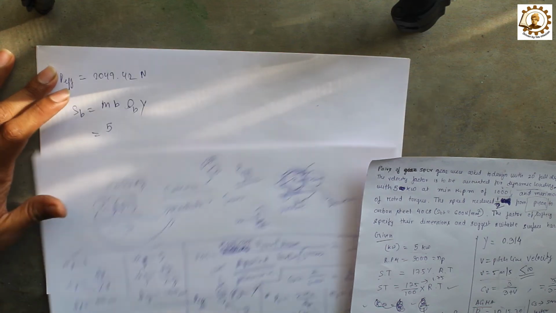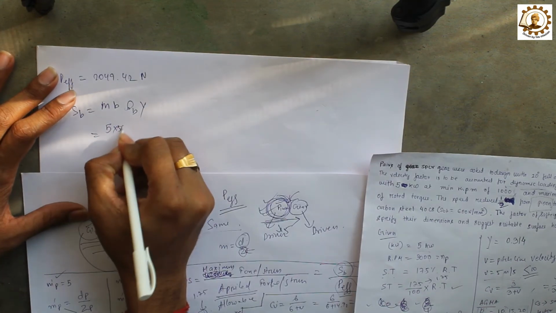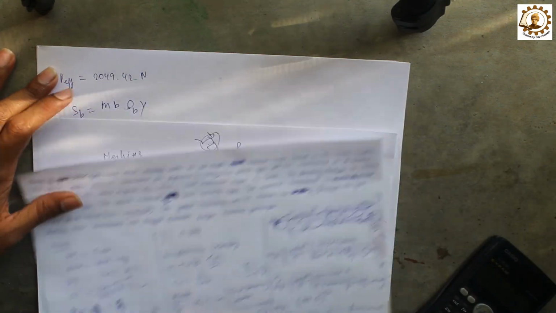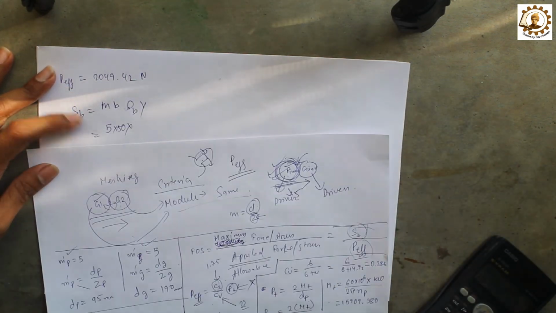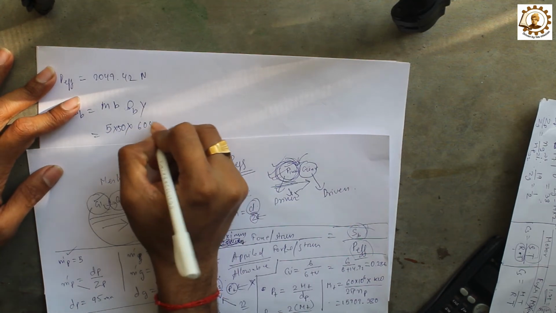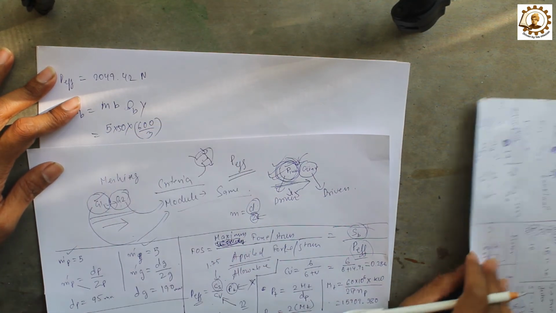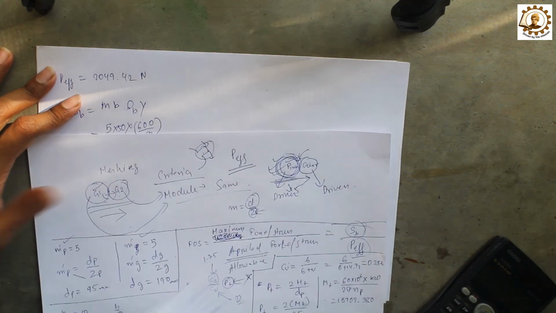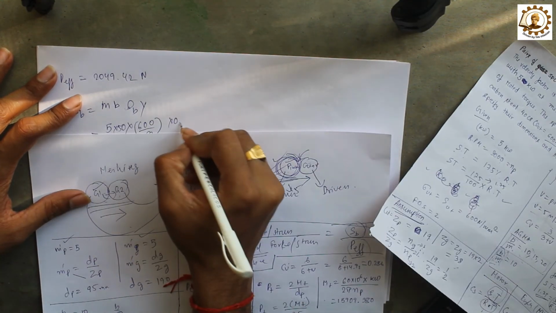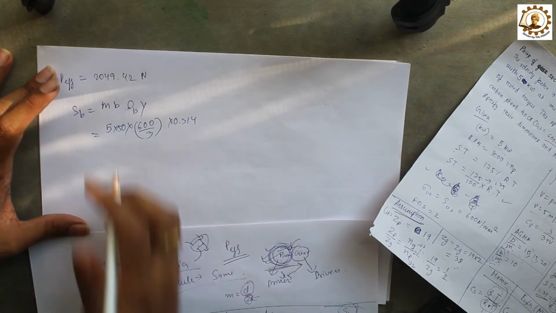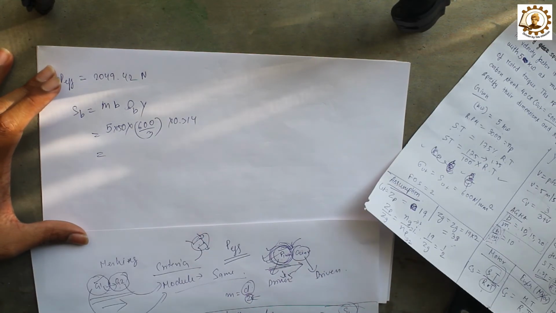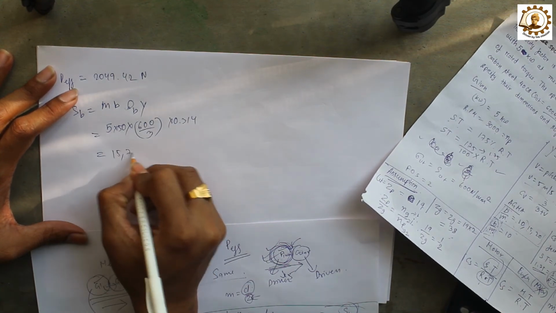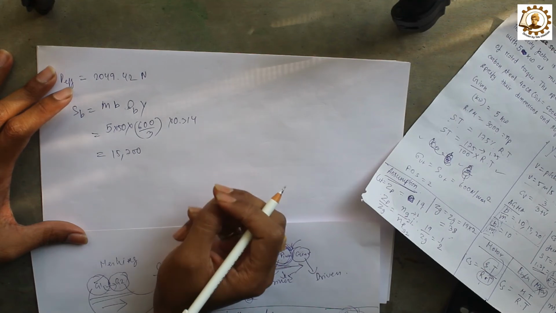B is 50. 50 into sigma b, which is provided over here, is 600 divided by 3. And what is Y? Y is 0.314. It comes near about 15700. Done.